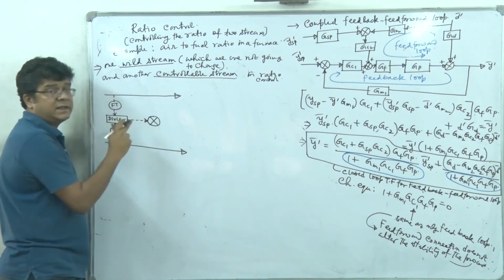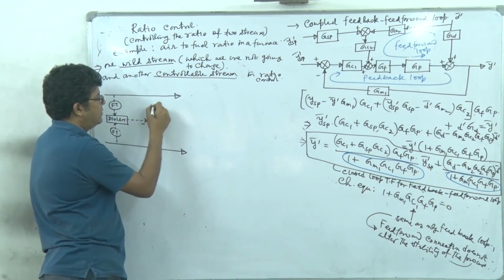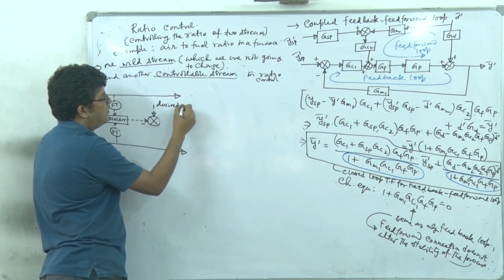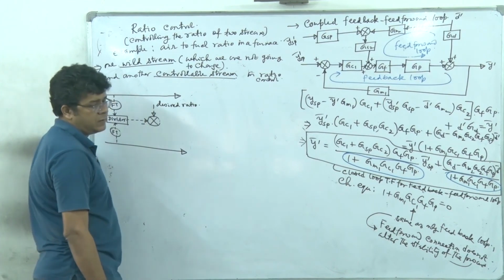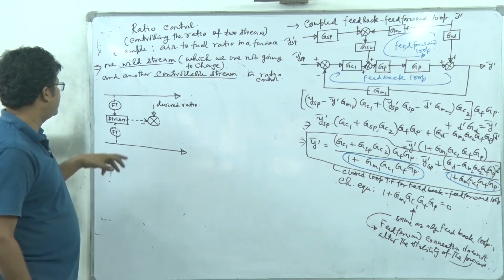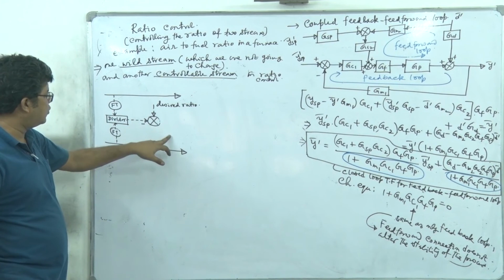So here we are getting the actual ratio with which it operates. This will be minus, and here we feed the desired ratio.